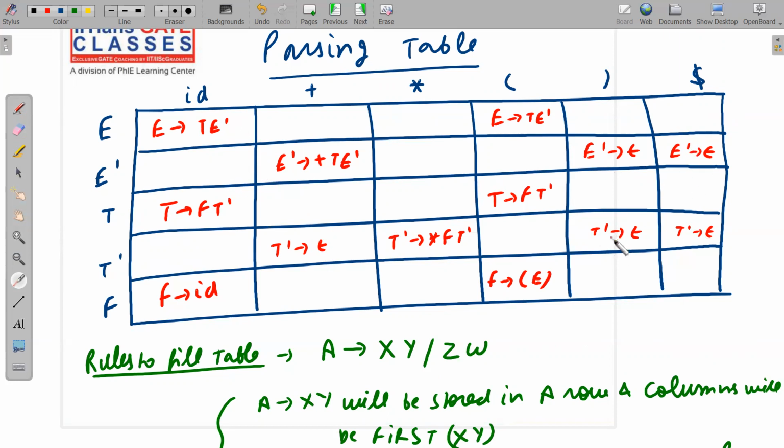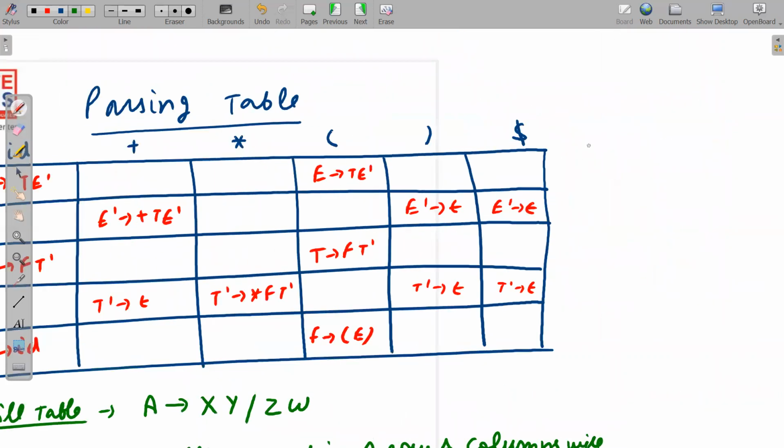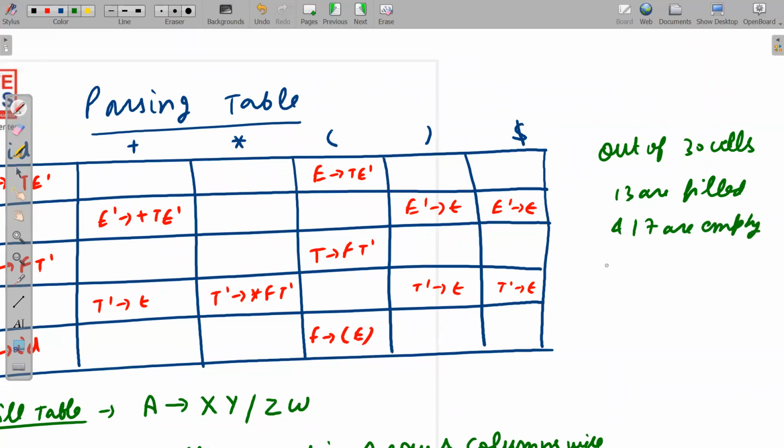So out of 30 cells, 13 are filled and 17 are empty. And what exactly do empty cells denote? These denote error messages. Okay, 17 are empty, and these empty cells mean error.